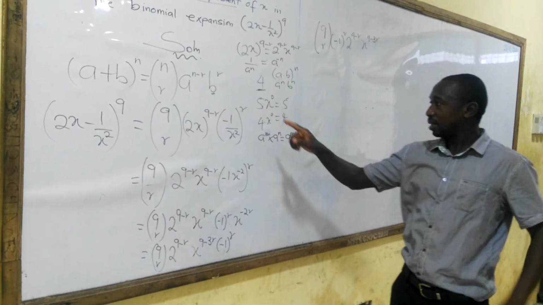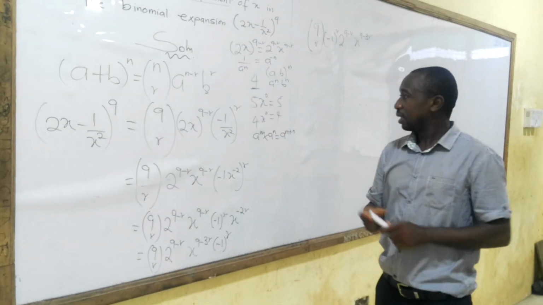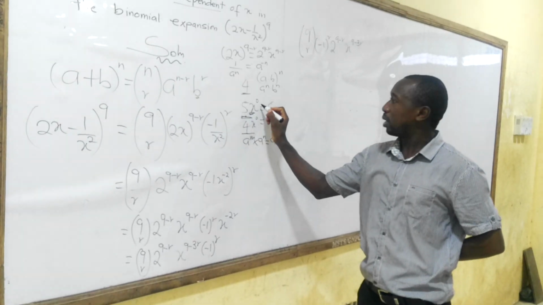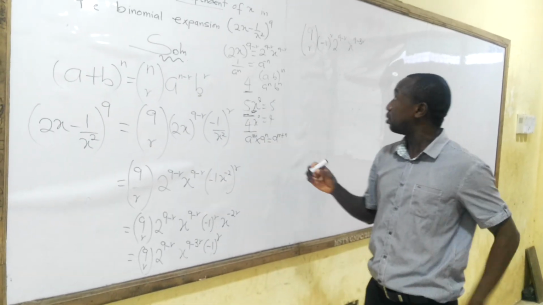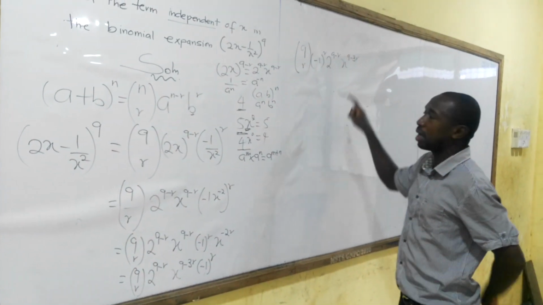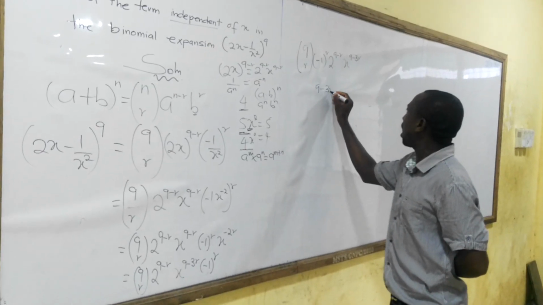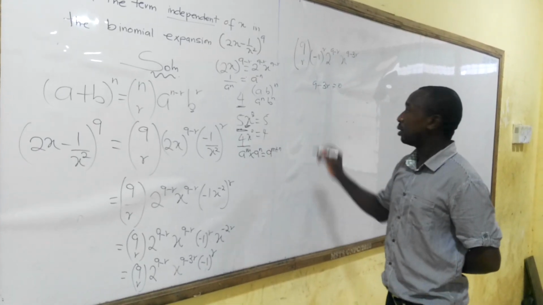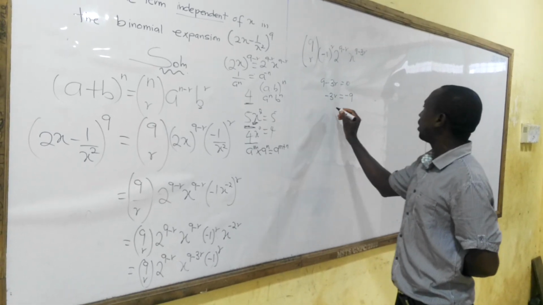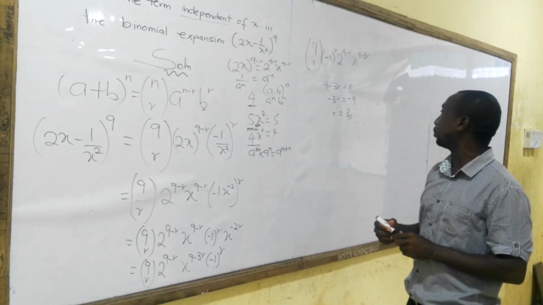But remember we stated that we are to find a term that is independent of x. So any term that is independent of x has its exponent equal to 0. That means I need to equate the exponent of x to 0, and that gives me 9 minus 3r equal to 0. That is, negative 3r is equal to negative 9, and r will be equal to positive 3 by dividing both sides by negative 3.